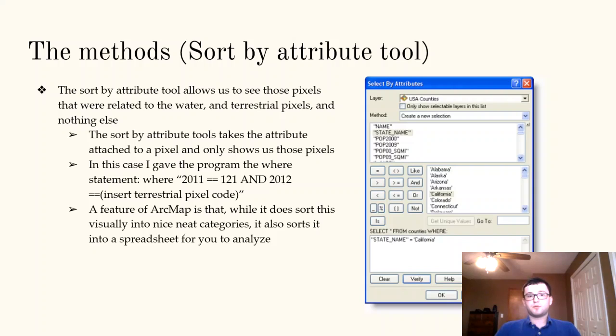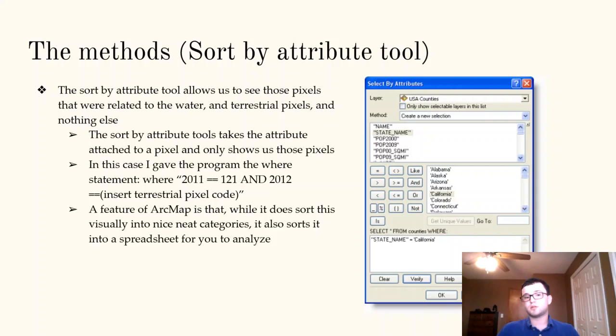The sort by attribute tool takes the attribute attached to a pixel and only shows us those pixels, and it uses an SQL input statement, which I showed you over here. In this case, I gave the program the statement where 2011 equals 121, which is the code for open water, and 2012 equals, I believe the code is 276 for pasture.